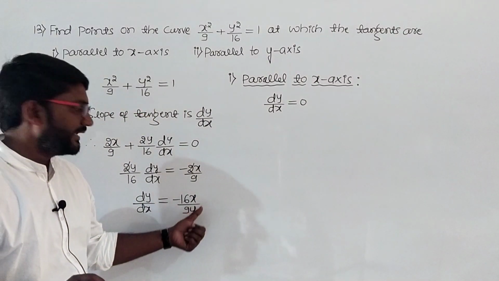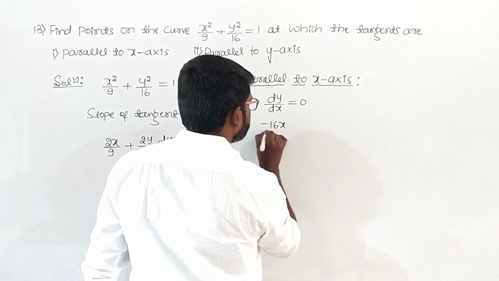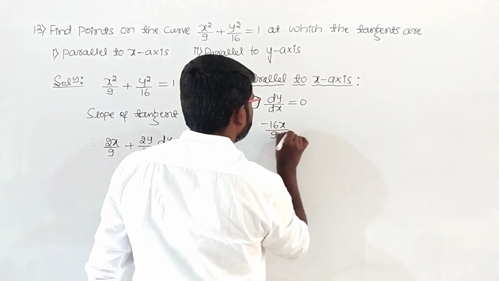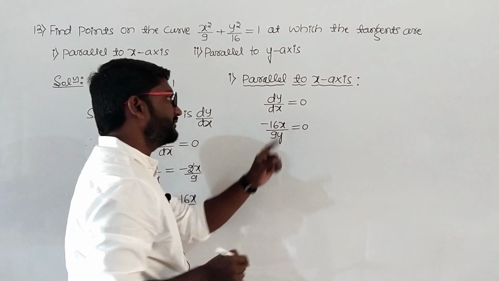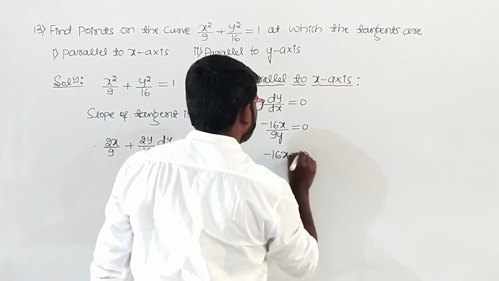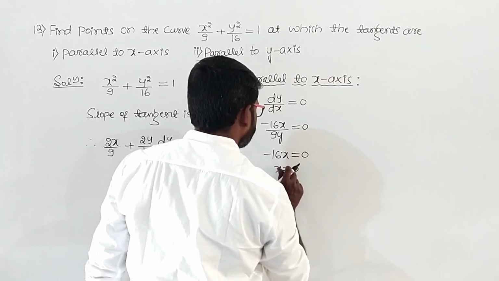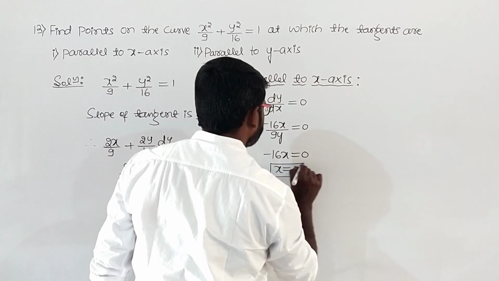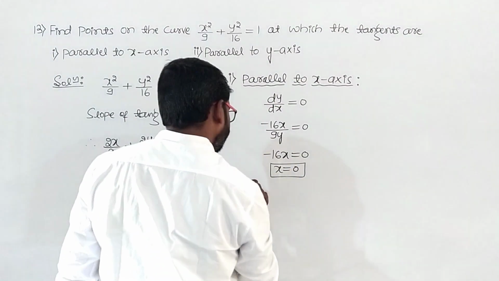It is minus 16x divided by 9y, which is equal to 0. Take 9y to the RHS, it will be multiplied with 0, you get 0. Minus 16x equal to 0, then x becomes 0 here. Now substitute this x equal to 0 in the given equation of the curve to get the value of y.